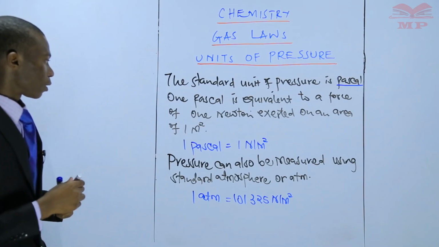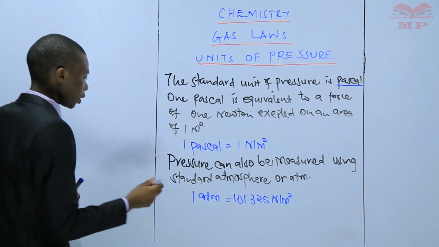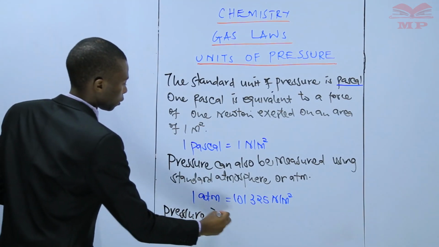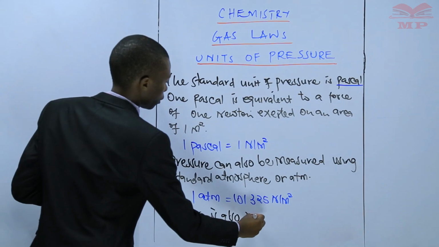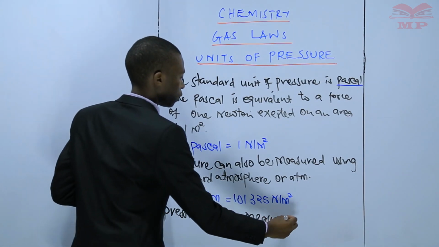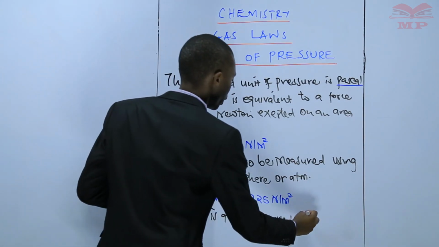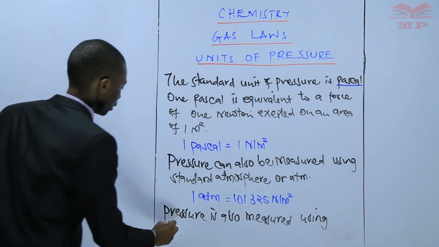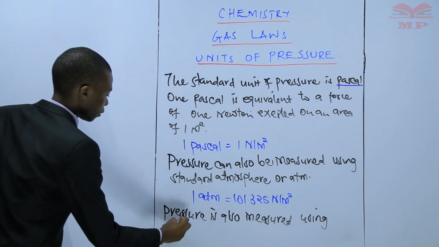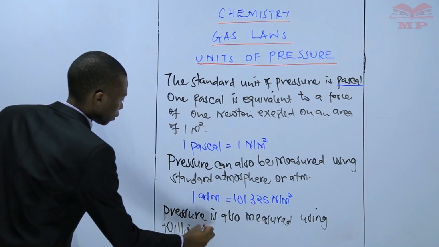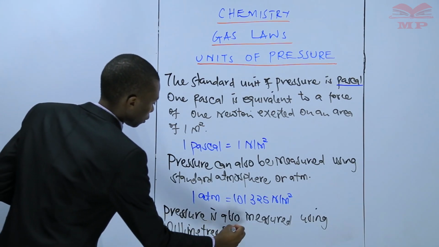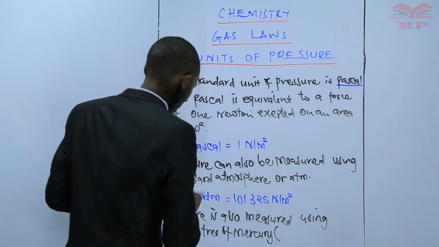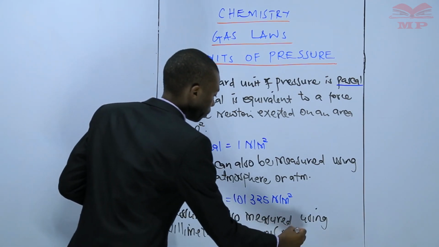And lastly, pressure is also measured using millimeters of mercury, written as mmHg.